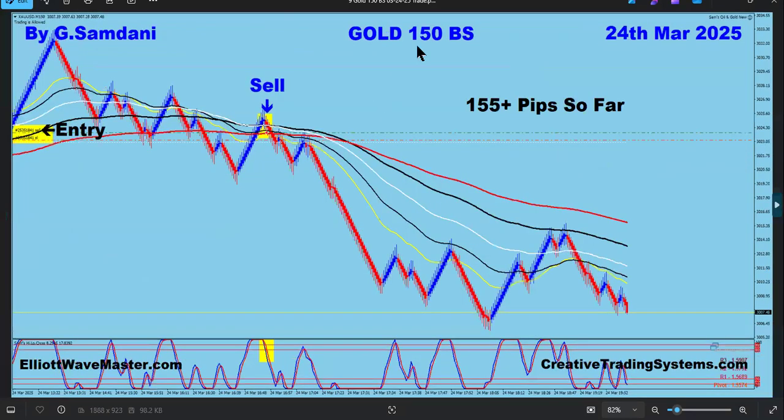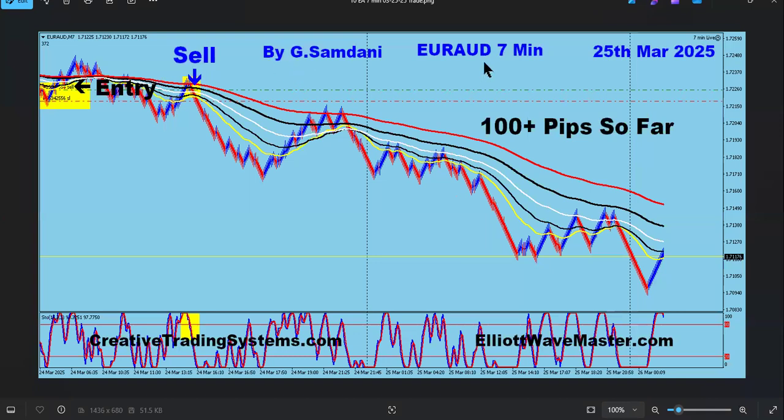And this one, gold, on the 24th, coming down again, taken by the EA. This EA is a little bit different. I made it a little bit different because the gold setting is a little bit different in the Renko chart, Renko candles. So this one, Euro Aussie from the 7-minute chart, entry from here, 100 pip trade on the 25th.